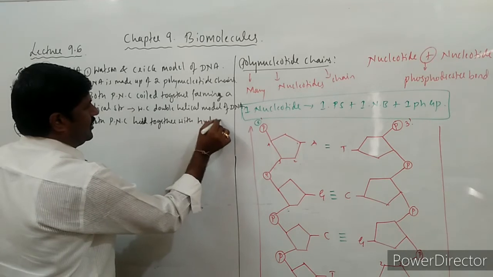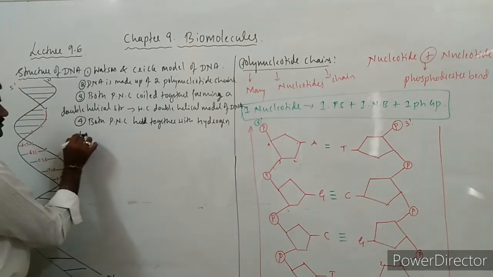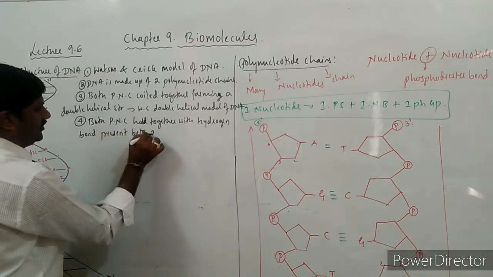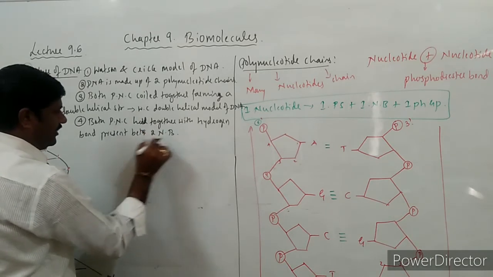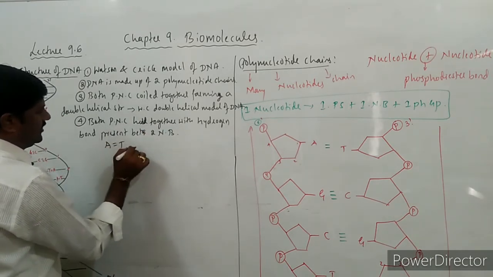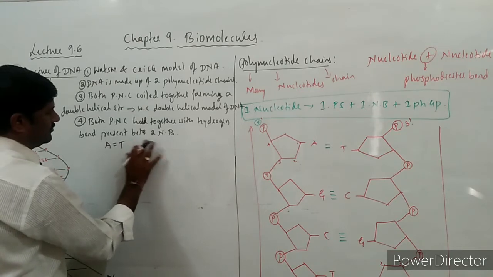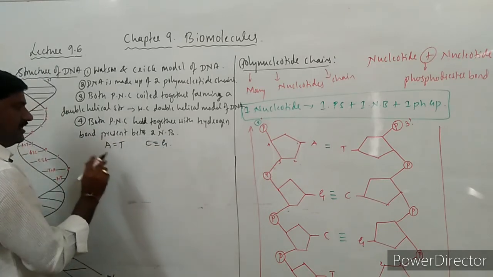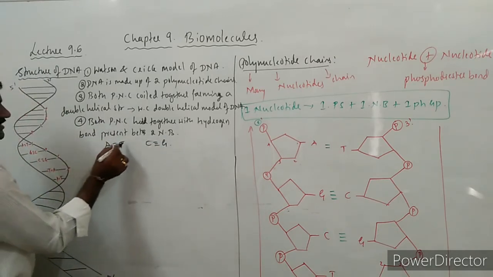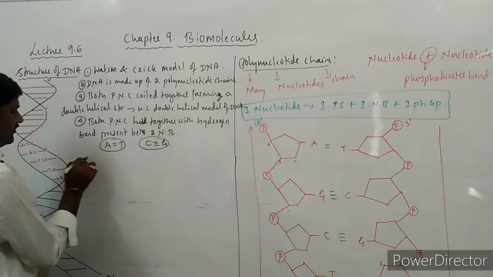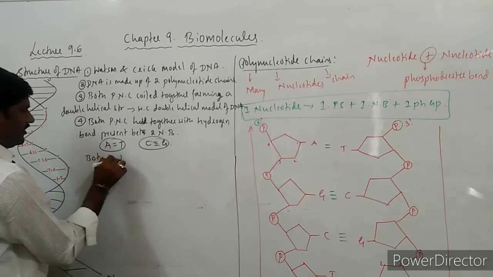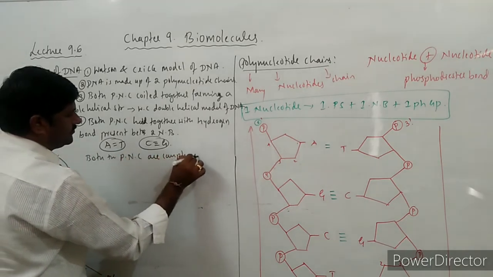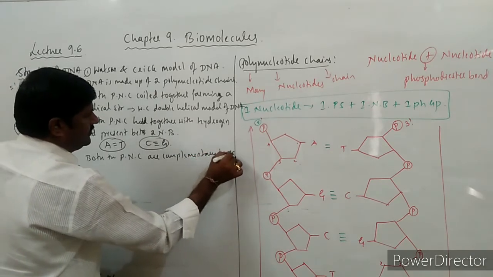A always combines with T and C always combines with G. So here what it suggests is that both the polynucleotide chains are complementary to each other.